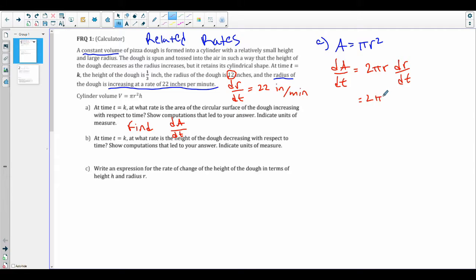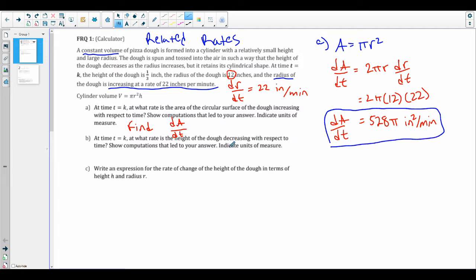So 2 pi times 12 times 22. 24 times 22. So for dA/dt, we get 528 pi. And then our units would be inches squared per minute because area. Cool. That's part A. Easy enough.